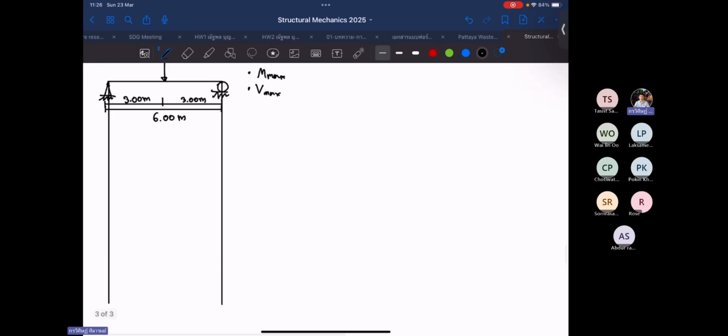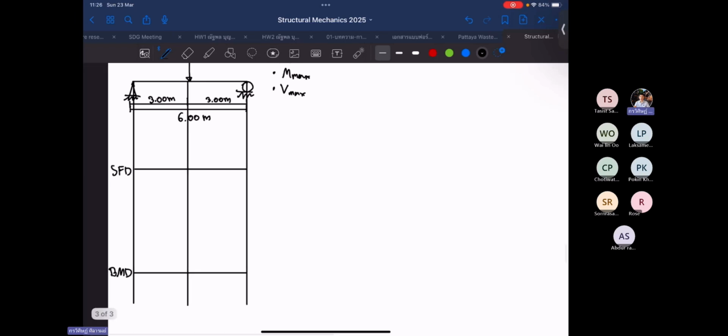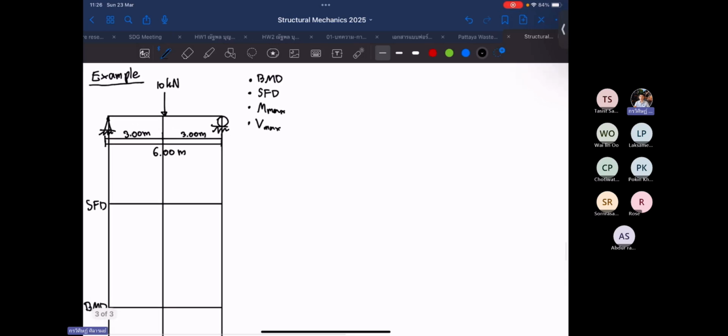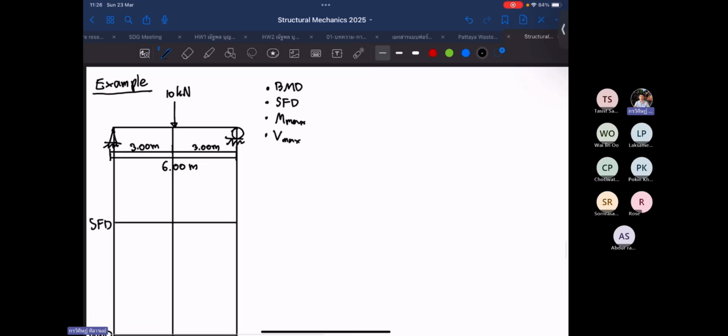So I will draw this line, like this. And then this one will be my shear force diagram, and this one will be my bending moment diagram. Like this, so I can plot here directly. Then let's start this one.